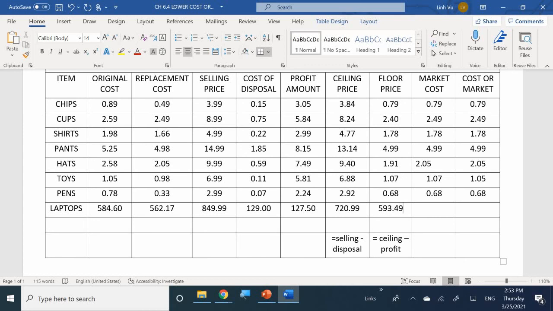So we took my ceiling of $720.99 minus the $127.50, which is my amount of profit, to get me a total of $593.49. Excellent. So then let's compare. I have my ceiling, I have my floor, and my replacement cost is now $562.17. So what is going to be in the middle?